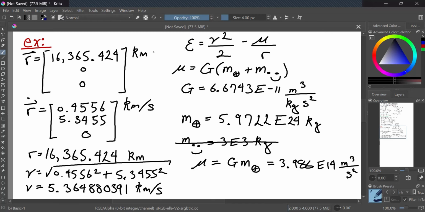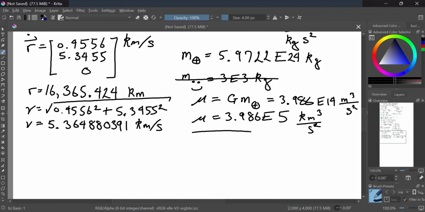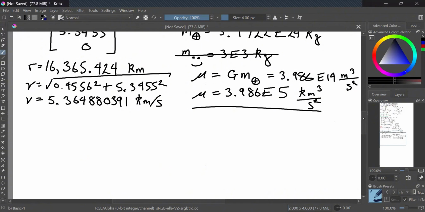So let's neaten that up some. 3.986, that's not going to change. 10 to the, and so a kilometer is 1,000 meters. Do that 3 times. 3.986 times 10 to the 5th kilometers cubed per second squared. So underlining that.